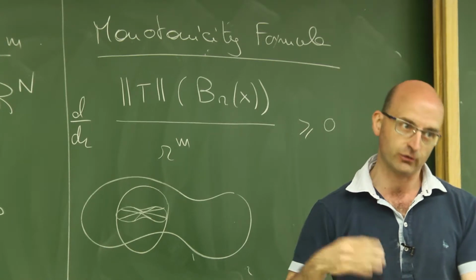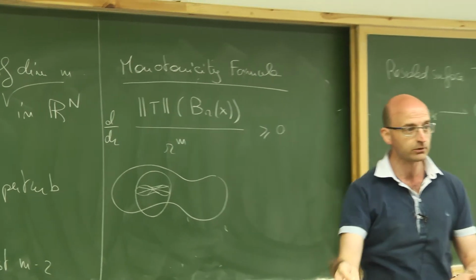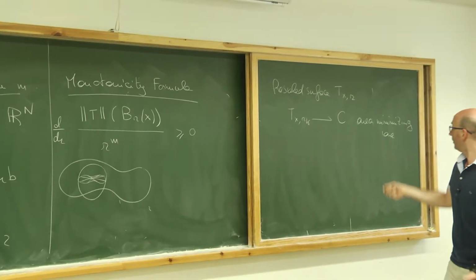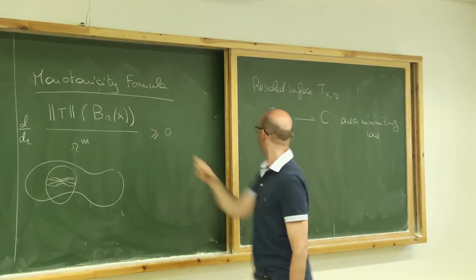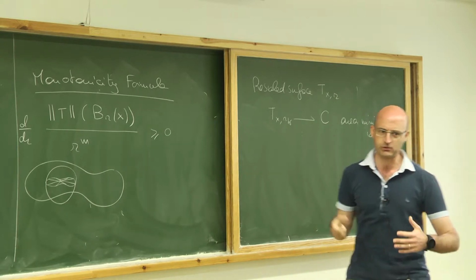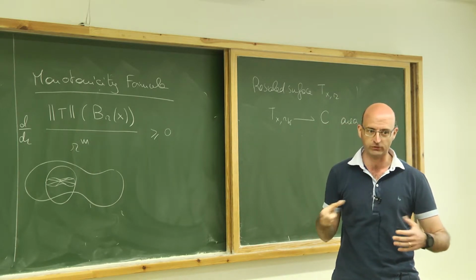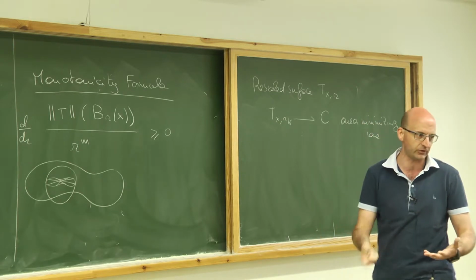And somehow the almost constancy of the rescaling of this function will be inherited in the limit. So in the limit, this ratio, when I pick x to be equal to 0, will actually be constant. This is telling you that when I replace the surface with the cone inside, I'm not gaining any area. So intuitively, this is telling you that the final guy is a cone.